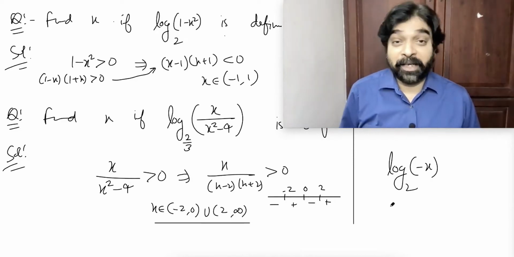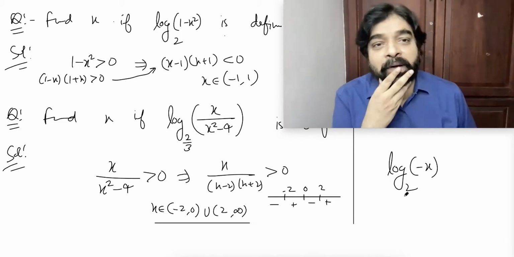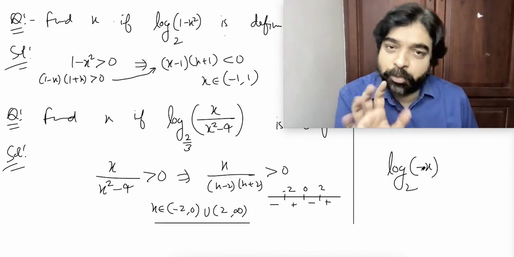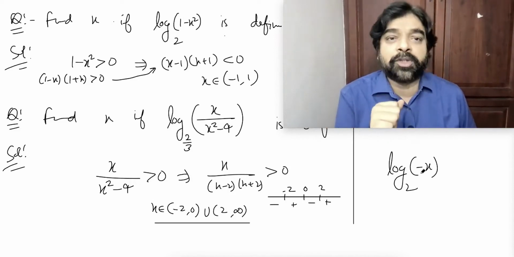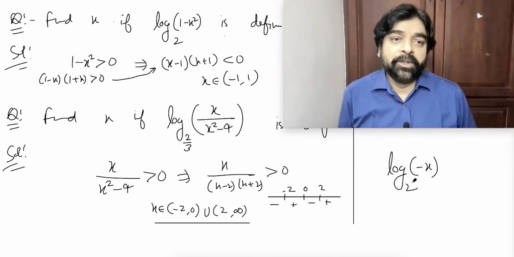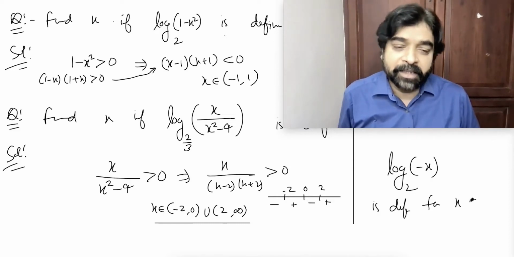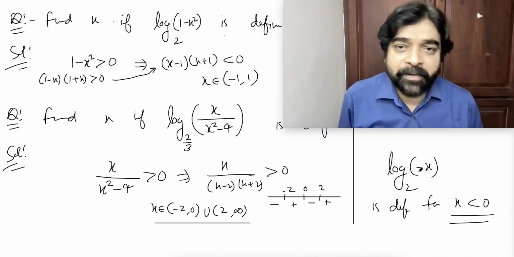Still some people are saying no, minus is there, sir. Then how can the log of a minus be defined? I never talked about x. I said that this bracket should be positive. Will this bracket ever be positive? Yes, it can be positive. When can it be positive? When x is negative. So this is defined for x less than 0. Any negative value of x, it will be defined.